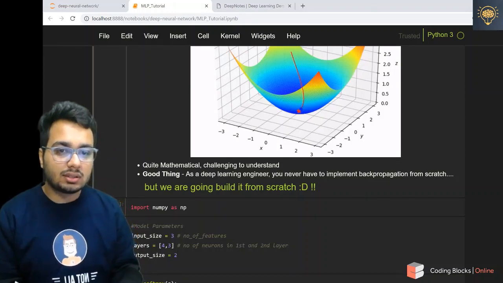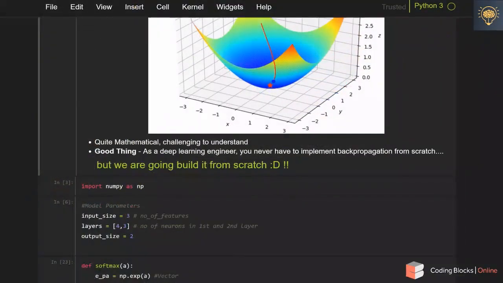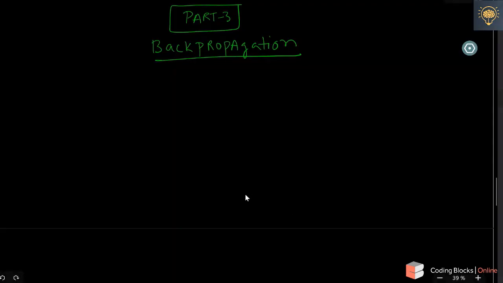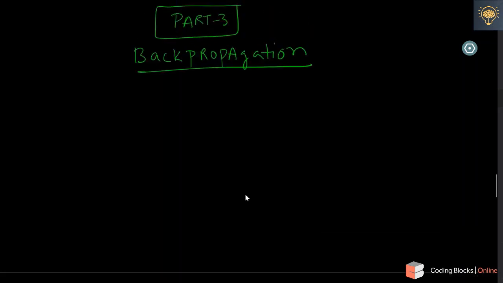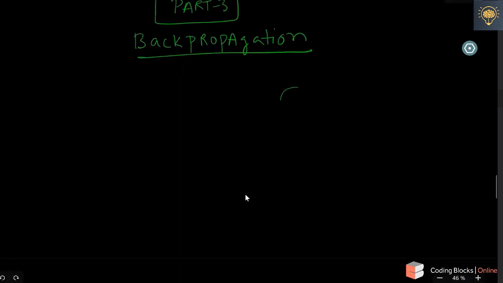So I will start with the explanation part. Okay, suppose you have a neural network like this, and let's say there is only one output layer.